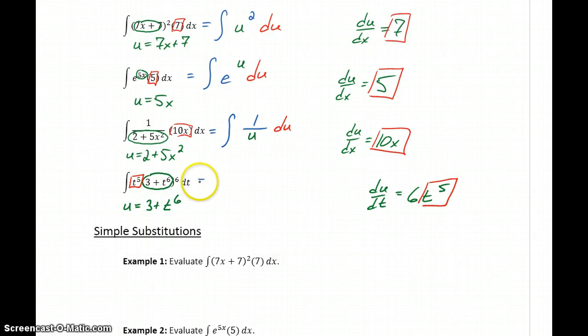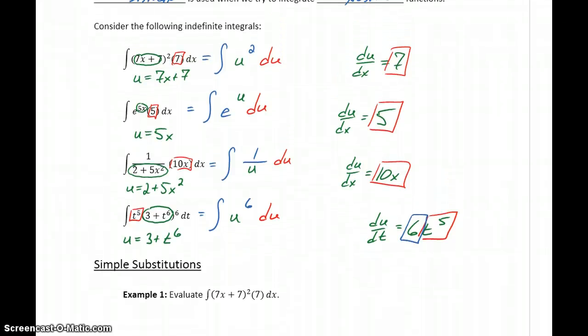But once we get through the steps and learn how to do this process of integration by substitution, we're going to end up being able to write this as the integral of u to the sixth du. And we'll have a little bit of extra work thrown in there because we still have to account for this 6. So something's going to have to happen with that.